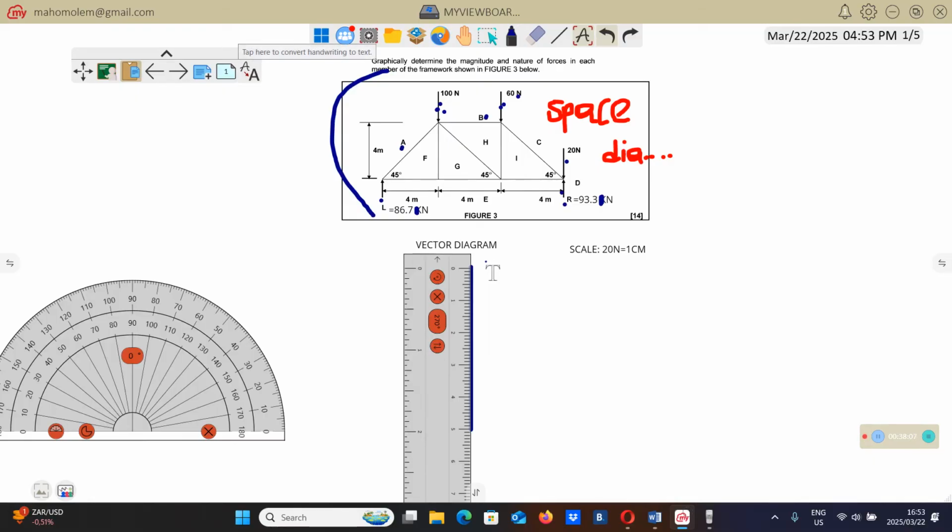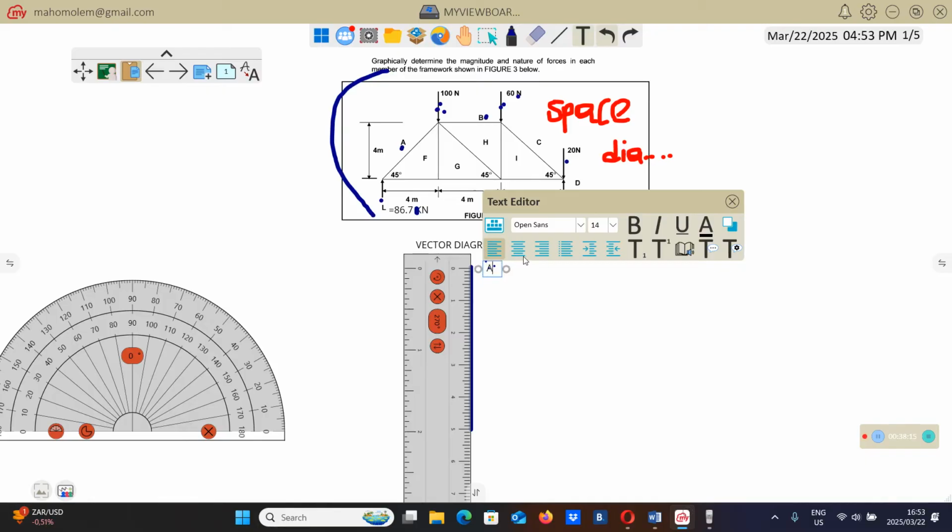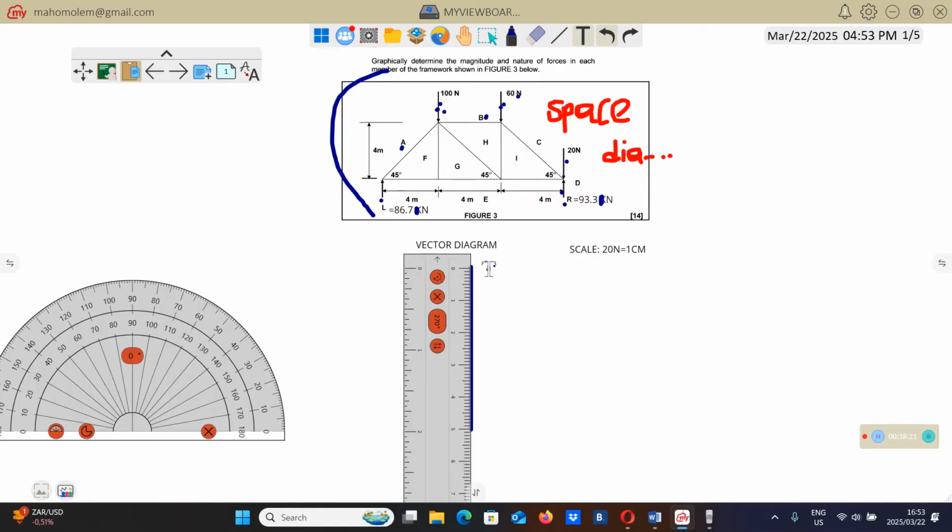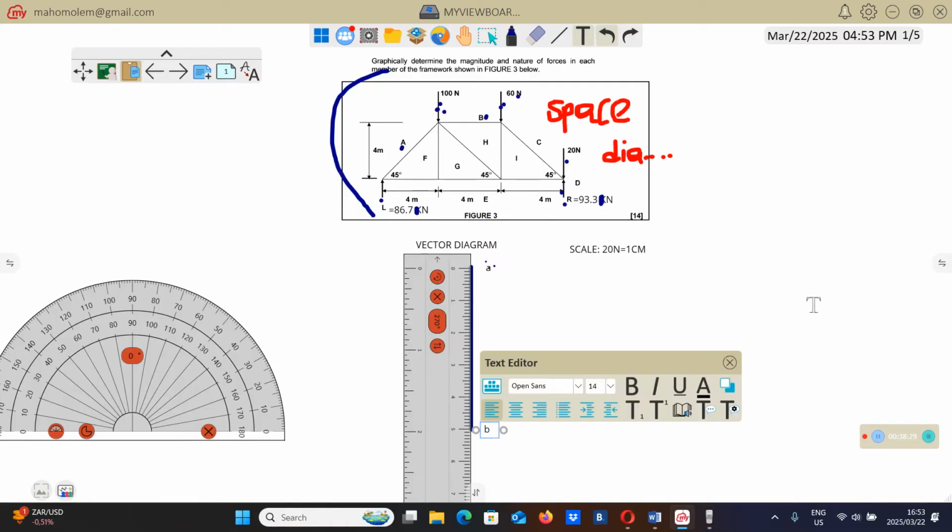This point there is going to be A. I can use small letters. And then this one is B.